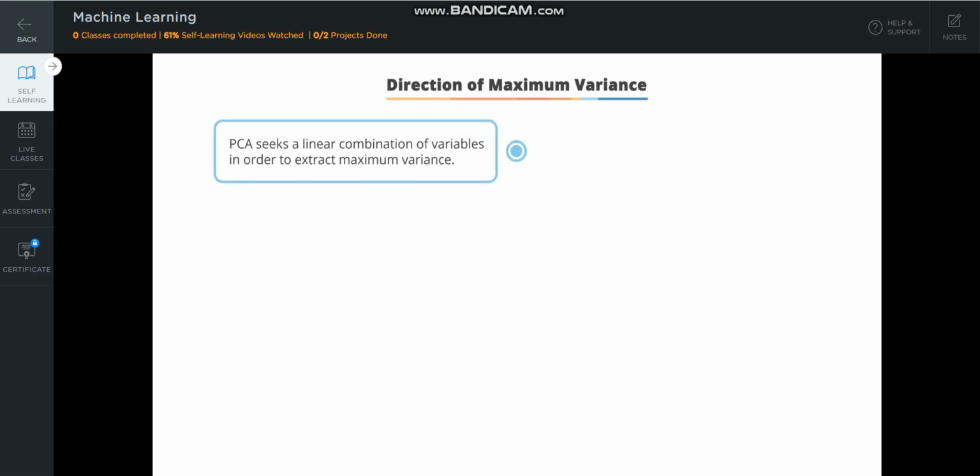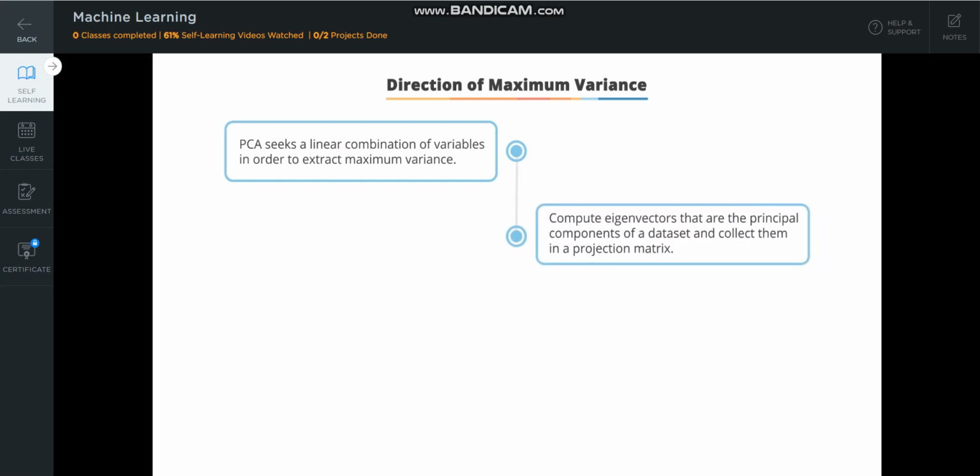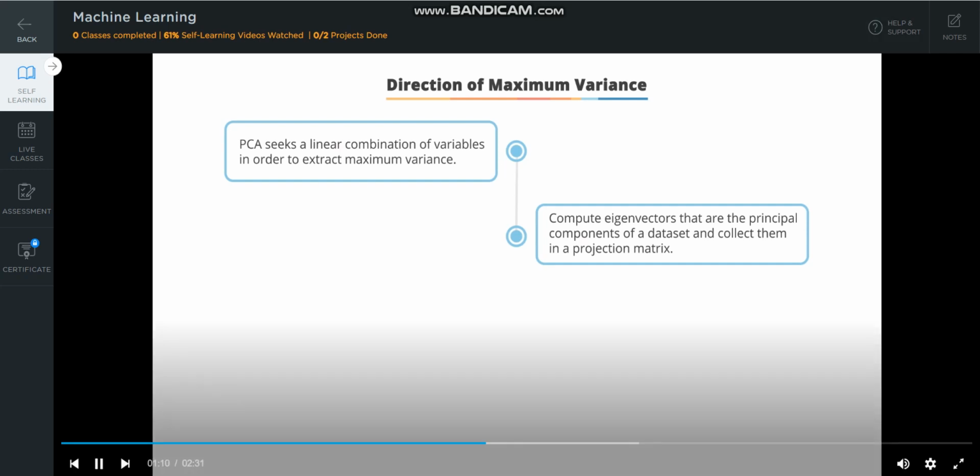In order to extract the maximum variance from the variables, PCA seeks a linear combination of variables. Some directions are better represented. Direction along maximum variance contains maximum information. You need to compute eigenvectors that are the principal components of a dataset and collect them in a projection matrix.